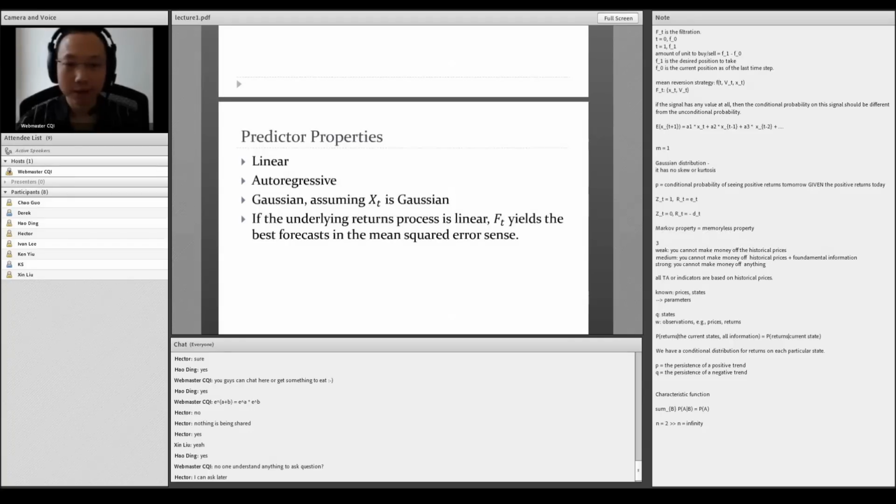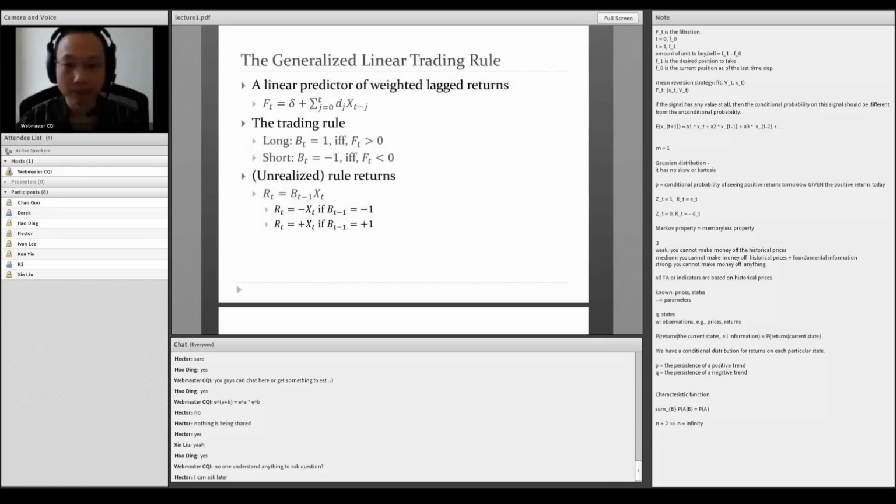The reason is that a finite summation of normal distributions is also normal. So this indicator itself is a random variable and is Gaussian.